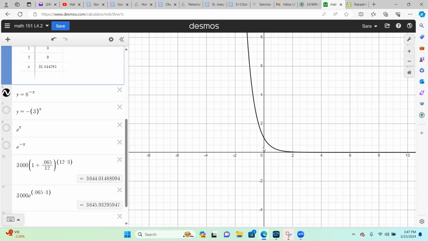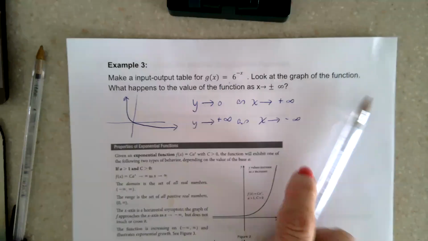So this one is a little bit different. y goes to 0 as x goes to positive infinity, and as x goes to negative infinity, y goes to positive infinity. So it looks different as compared to the last function.